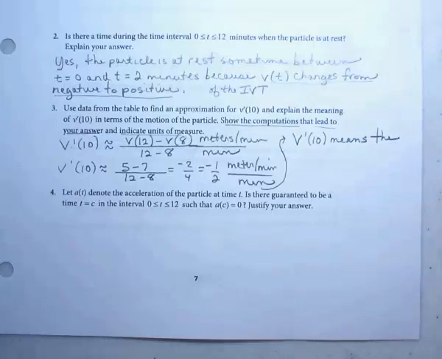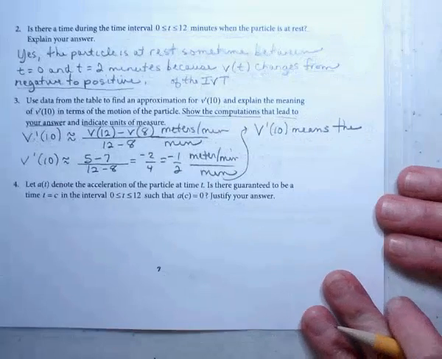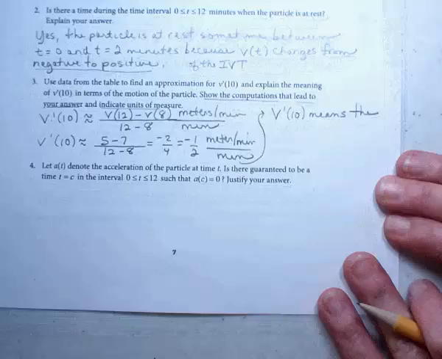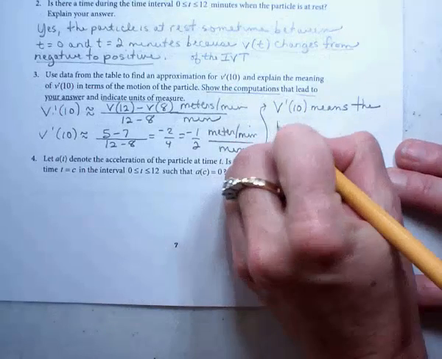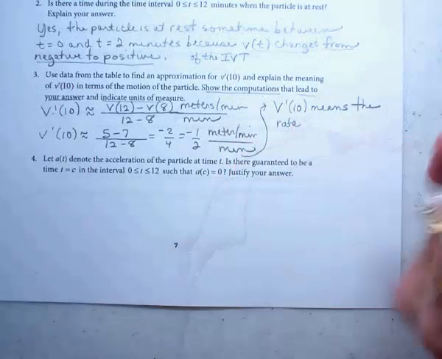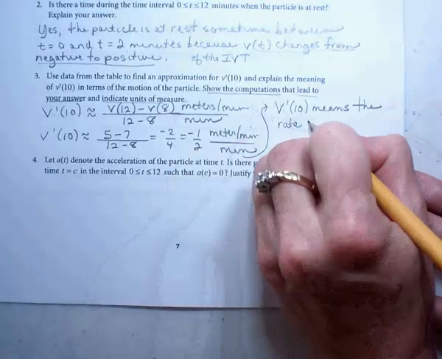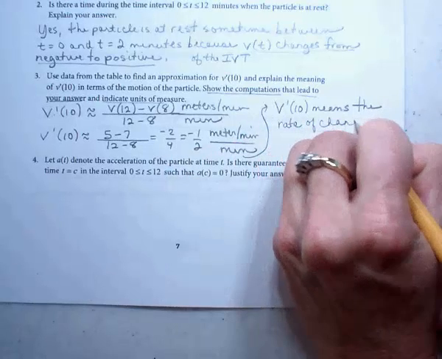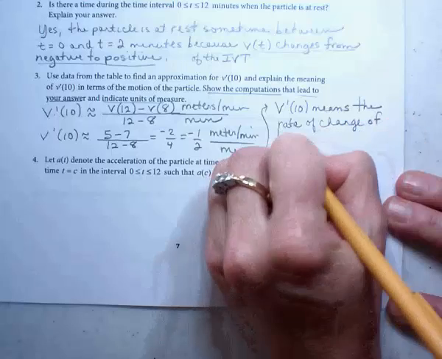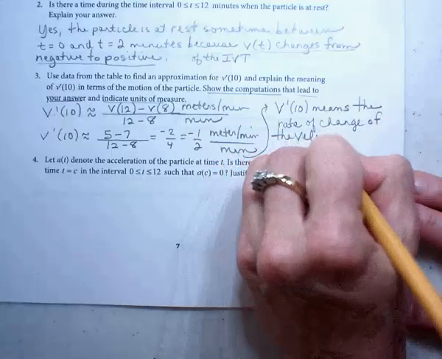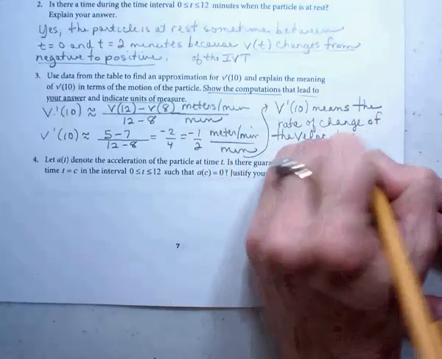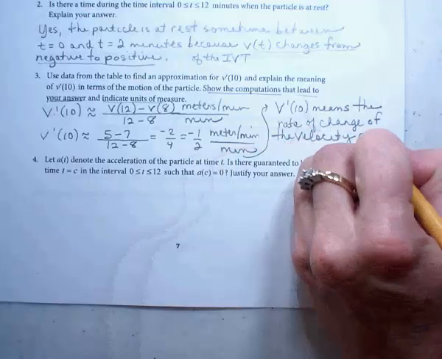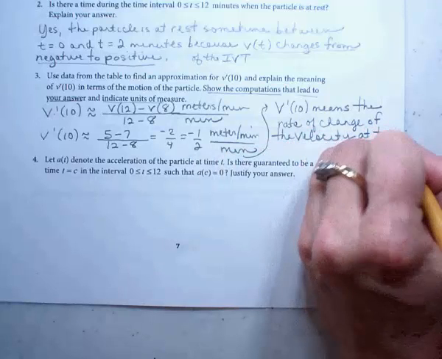The prime notation indicates a rate of change. So v prime of 10 means the rate of change of the velocity at t equals 10 minutes.